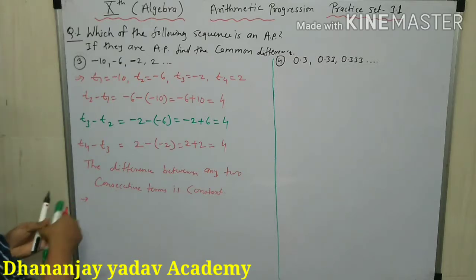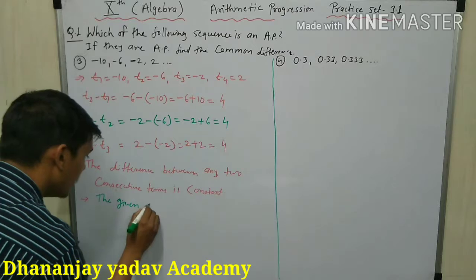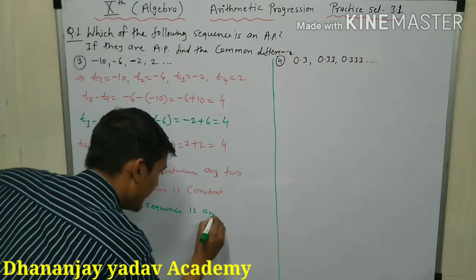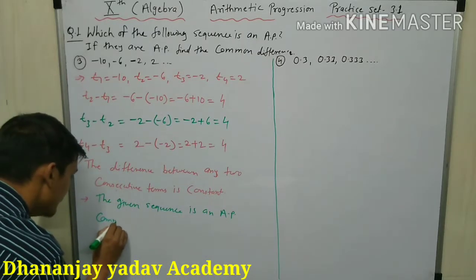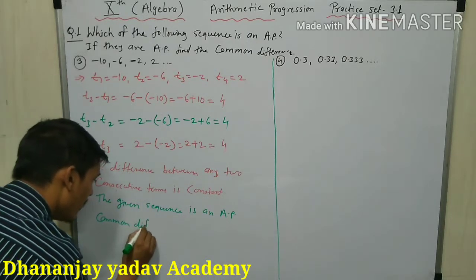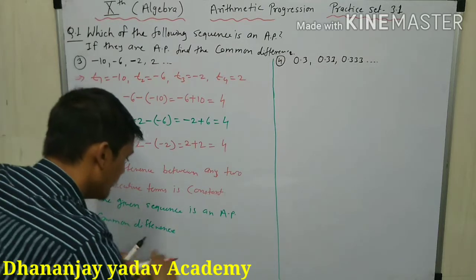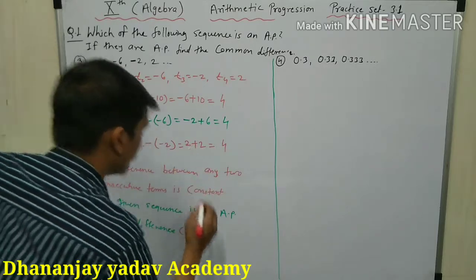Then you write down here, the given sequence is an AP. Now the common difference D is equal to 4.